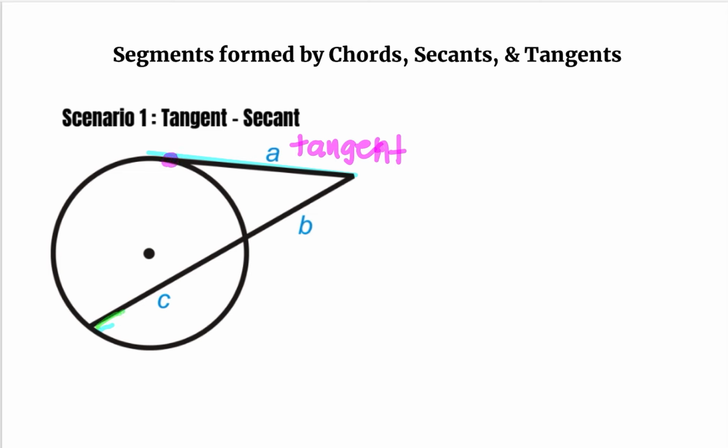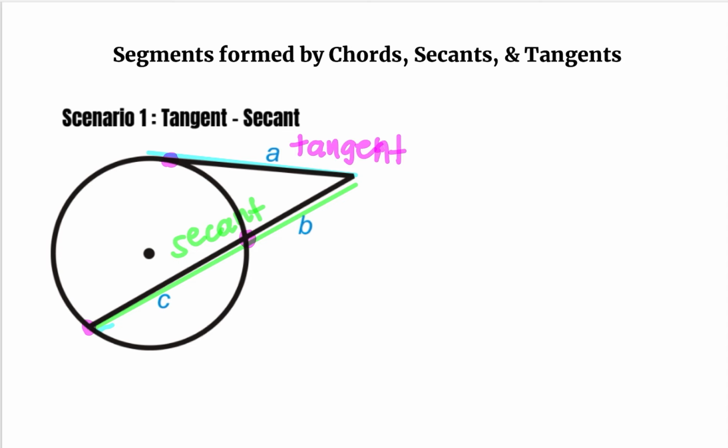We also have this green line. This is called secant. And why? Because the line intersects the circle at 2 points and the segment extends all the way outside the circle.